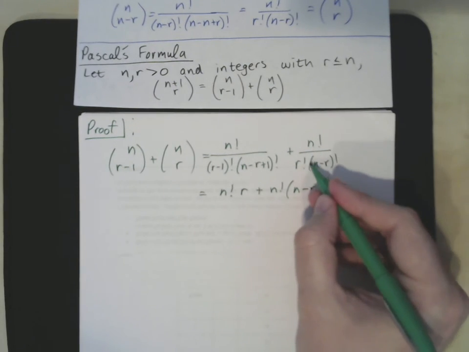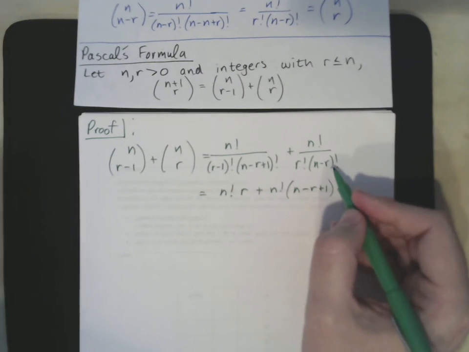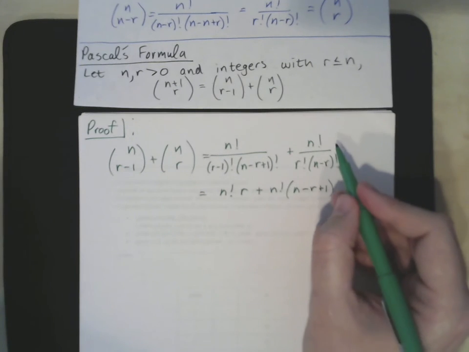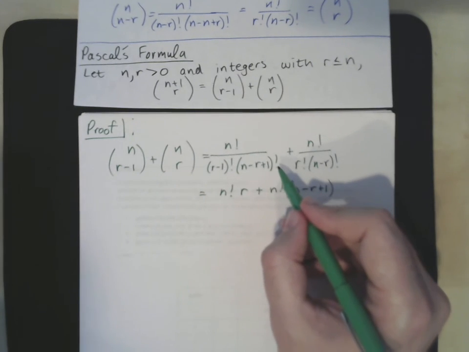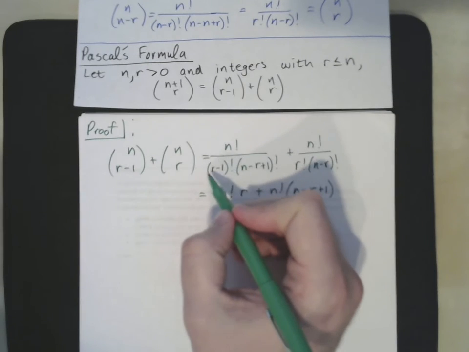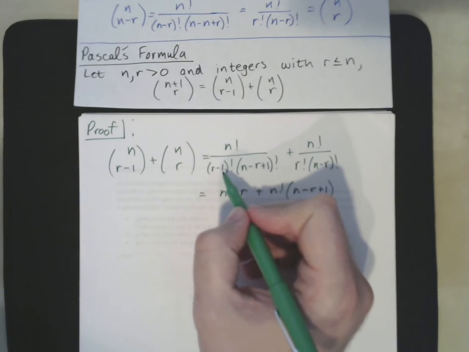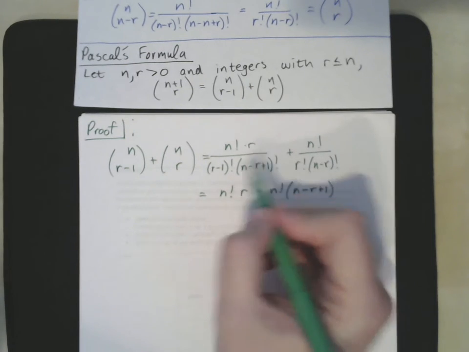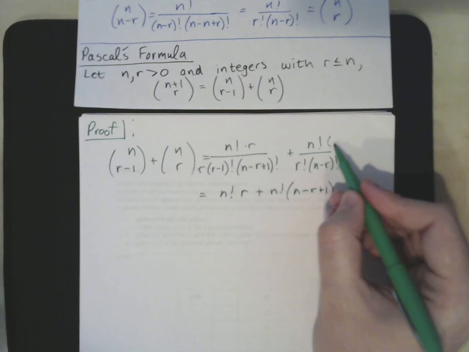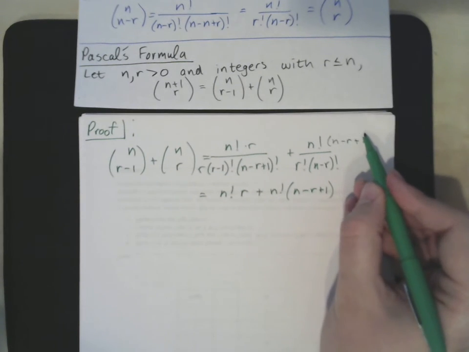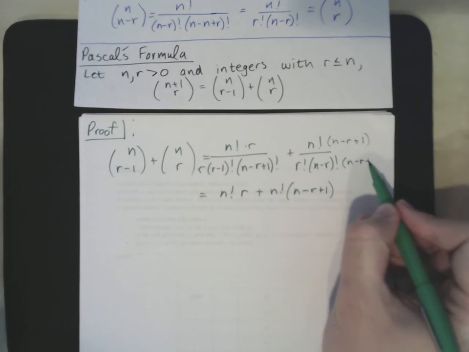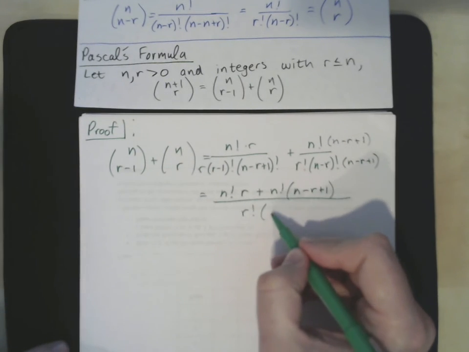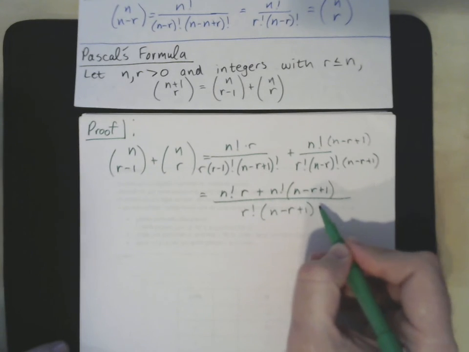That's because this term here is only n minus r plus 1 away on the top and the bottom from n minus r plus 1 factorial. And this term here is only one factor of r away from r factorial. So we're multiplying the r into this one, and we're multiplying the n minus r plus 1 here and here. And so then we can group this as n factorial times r plus n minus r plus 1, all over r factorial times n minus r plus 1 factorial.